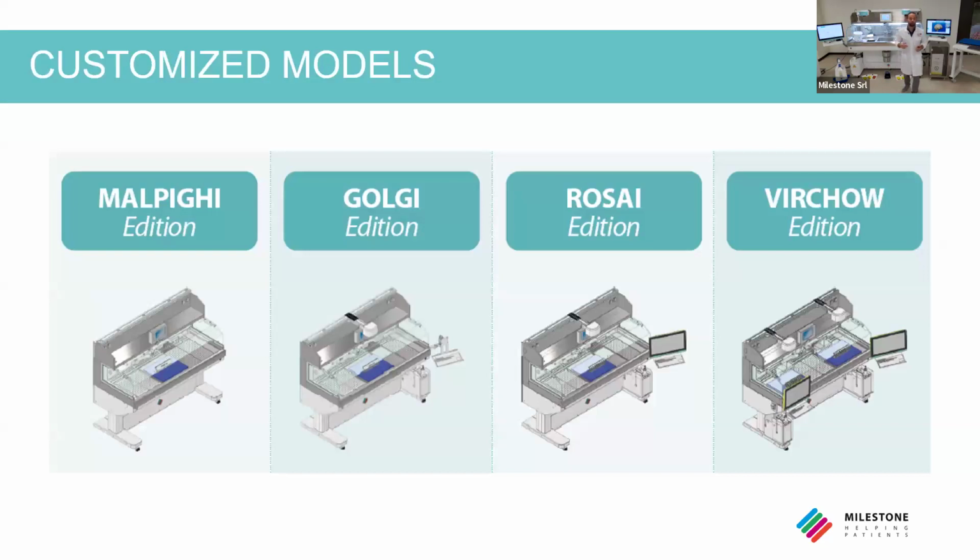We also give the possibility to start from a preset model that you see on the screen, which bears the names of famous pathologists: Malpighi, Golgi, Rosai, and Virchow. So the operator can directly choose and decide to add or remove modules, options, screens, or whatever they need.